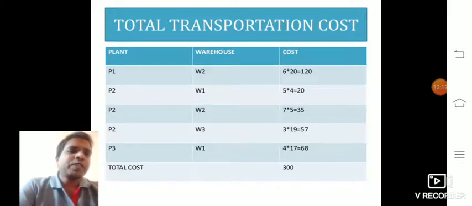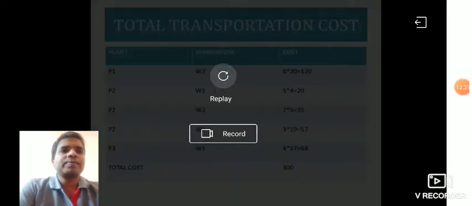Which method will give the minimum cost? That is the least cost entry method. From this method, for this problem, you are getting the total cost as 300. Thank you.